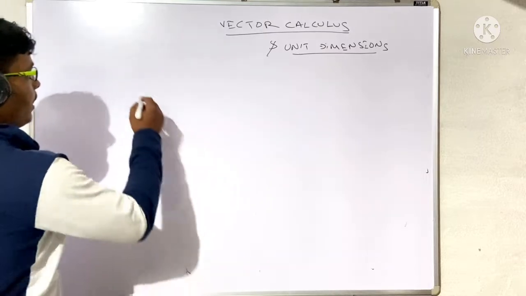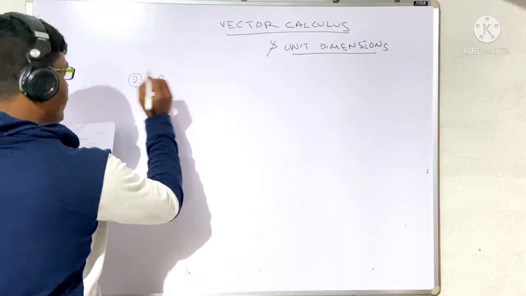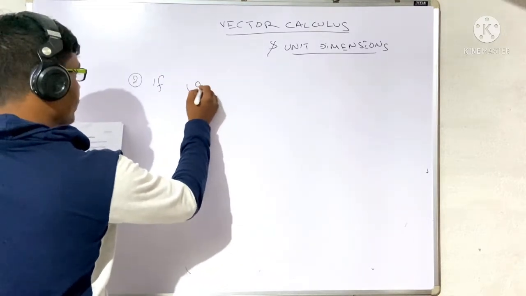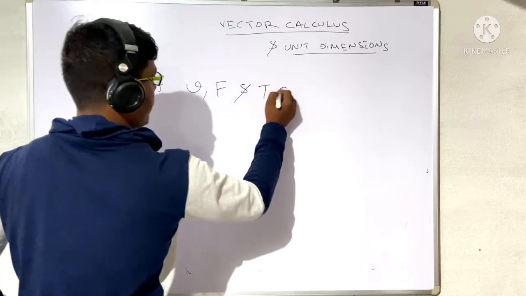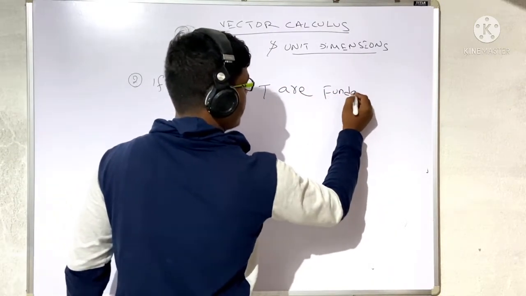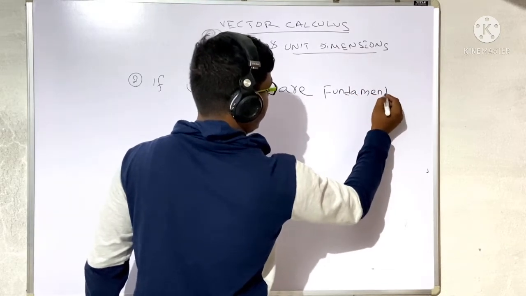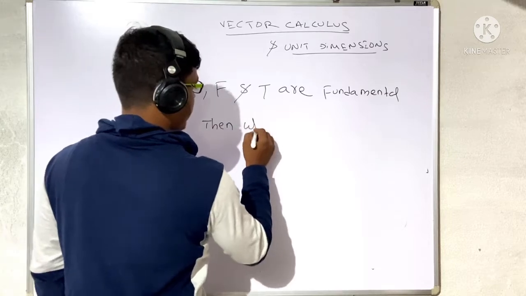So the fundamental units are given. If velocity, force and time are fundamental, then what will be mass?